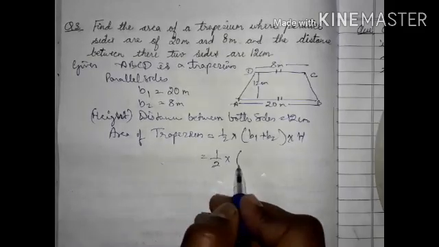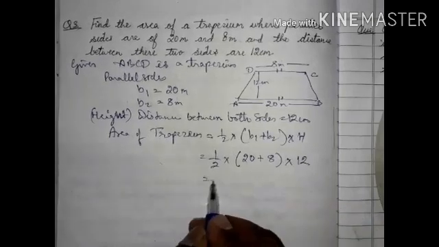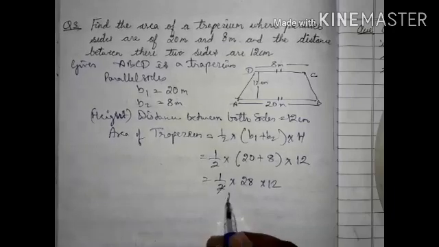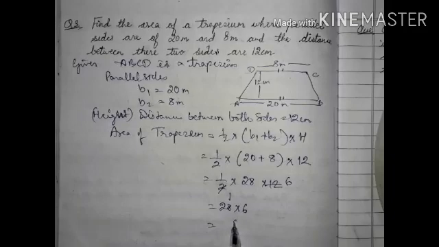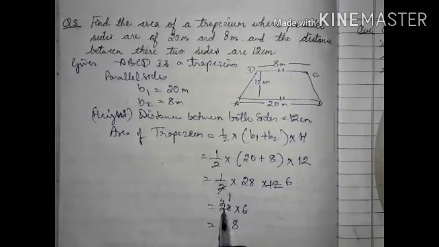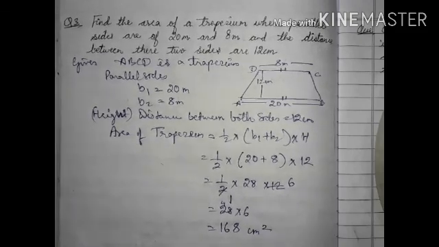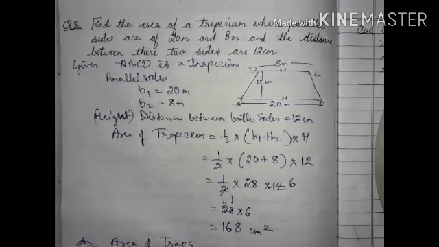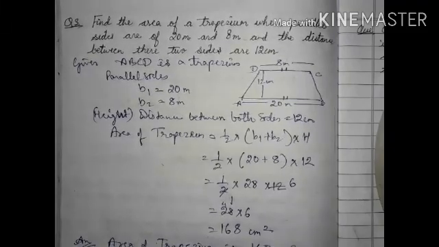So half into B1 20 plus B2 8 into height, which is 12. So half into 20 plus 8, 28, into 12. 2 1s are 2, 2 6s are 12. 28 multiplied by 6. 6 8s are 48, 4 carry. 6 2s are 12, 12 plus 4 is 16. 168 centimeter square is your answer. So area of trapezium is 168 centimeter square.